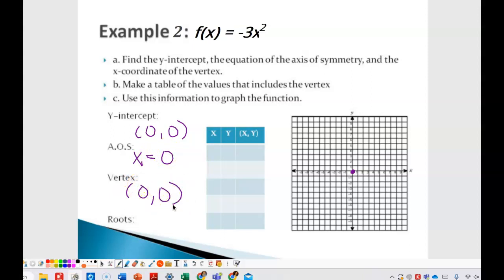So this is a case in which your y-intercept, x-intercept, and vertex are all at the same point, which means my roots are at the same point. The -3 is going to reflect my graph and stretch it down by 3.